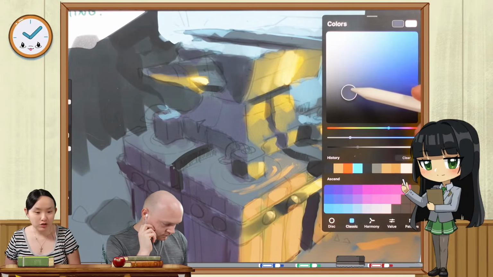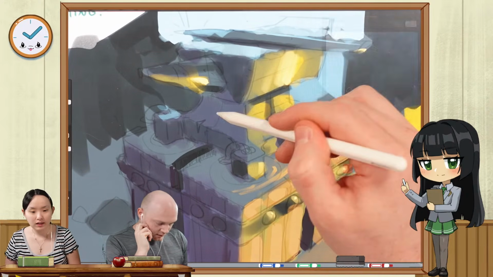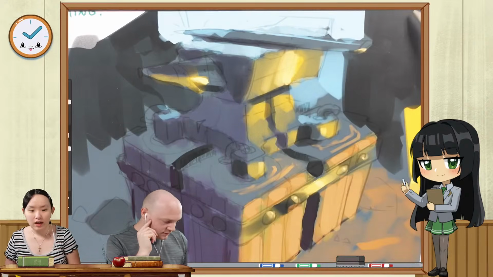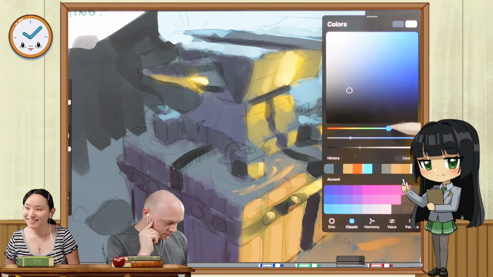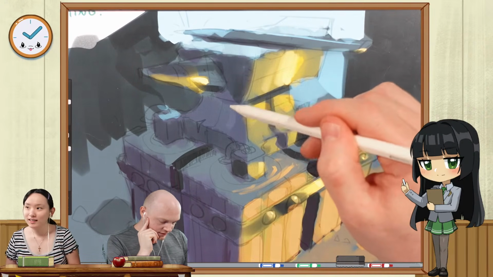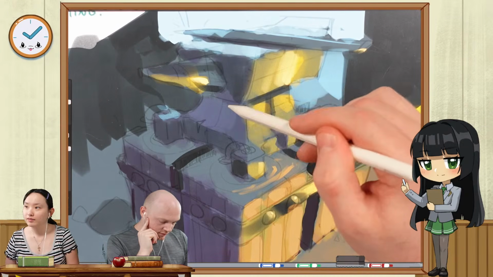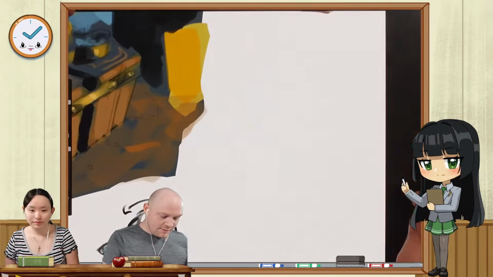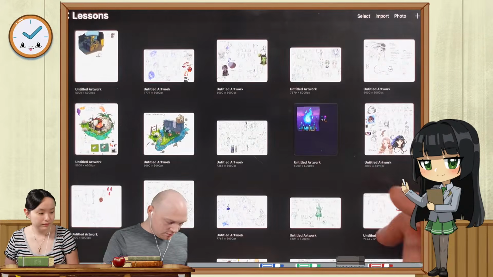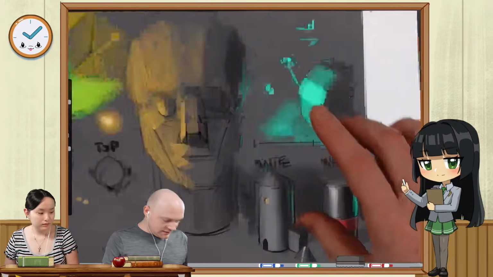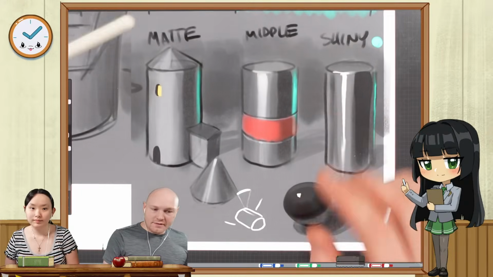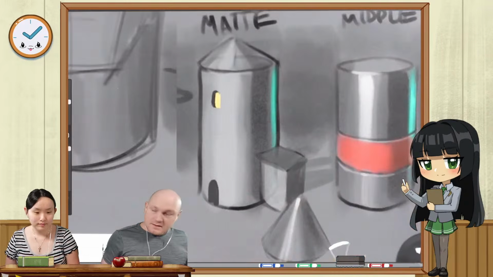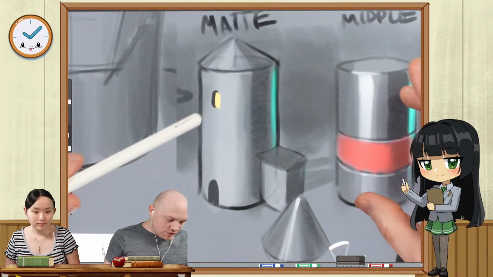How do you paint reflections? How reflective do you want it? If you want to learn how to paint reflections, you would start with understanding how to paint matte surfaces, like this one here on the left.